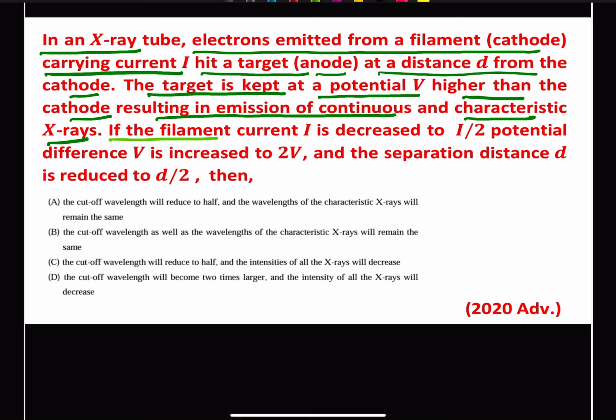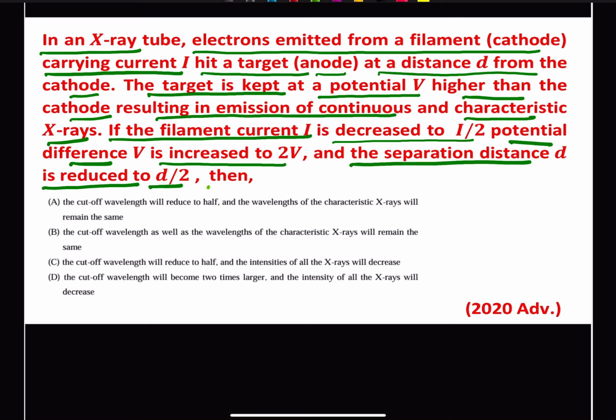If the filament current is decreased to I by 2, potential difference V is increased to 2V, and the separation distance is reduced to d by 2, then we have to find out what are the various options, and the options are related to our cutoff wavelength, and then it is about the wavelength, and it is about the intensity.